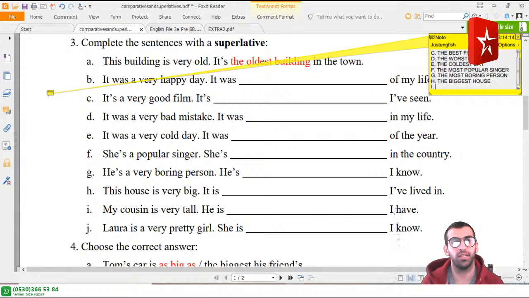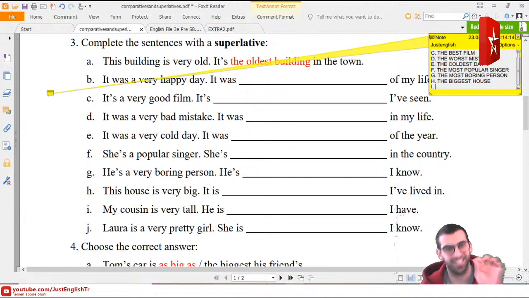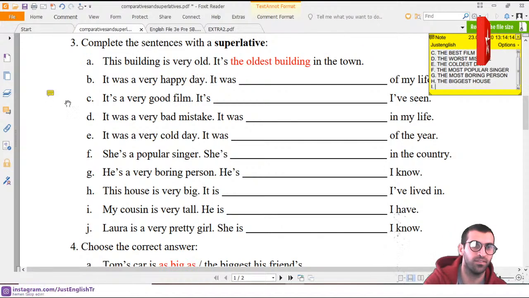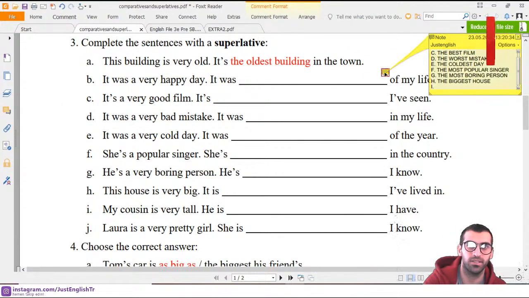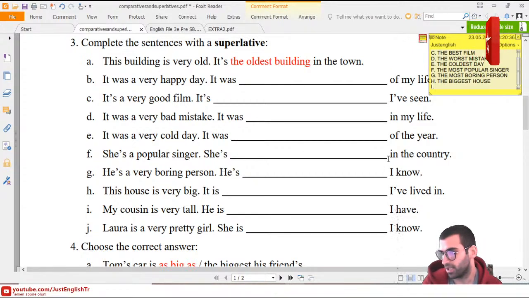Yes, and my cousin is very tall. He is this sentence, I, is really interesting. And we will see the correct answer. Okay. All right, the tallest cousin. Yes, the tallest cousin is a correct answer, I think, but we will see.